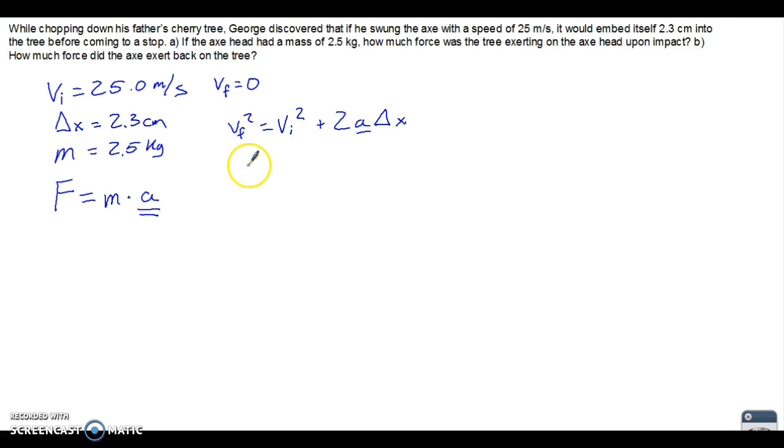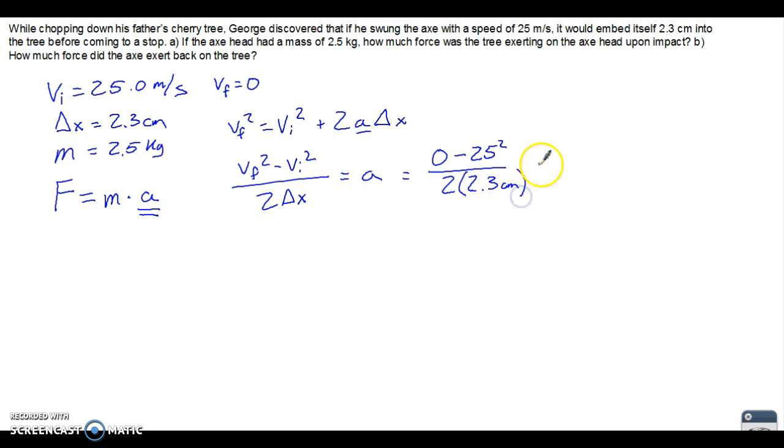So we've got vf squared minus vi squared divided by 2 delta x equal to a. We know that vi squared is 25 squared, so 0 minus 25 squared divided by 2 times 2.3 centimeters. We need to change centimeters to meters.